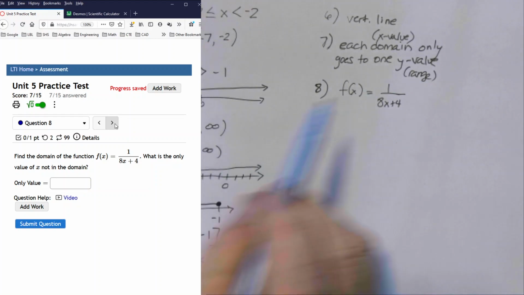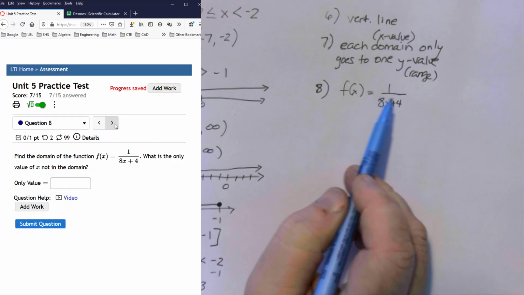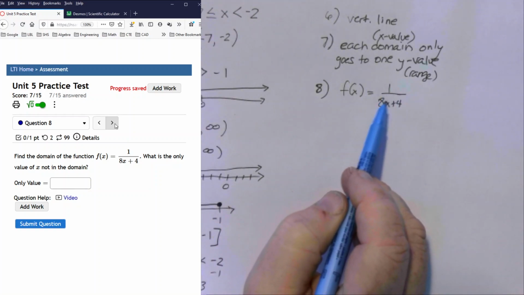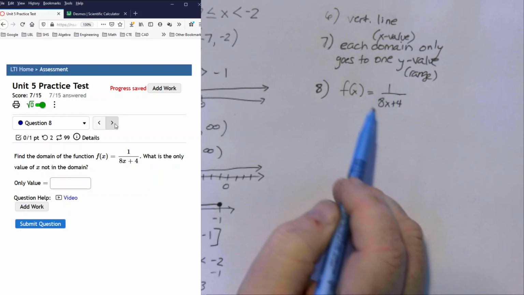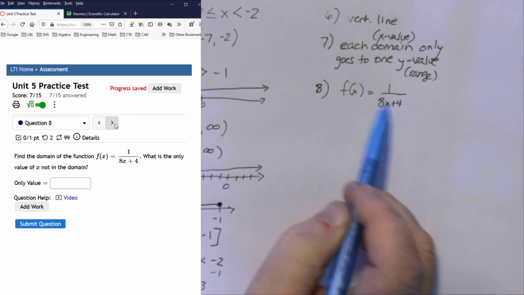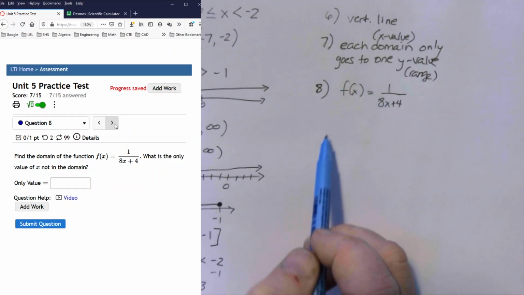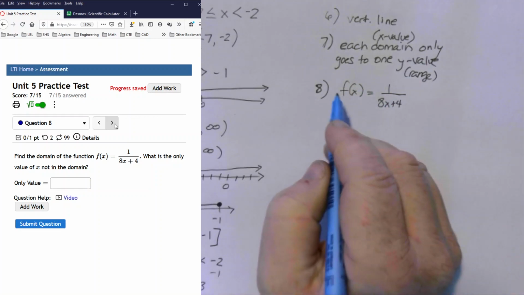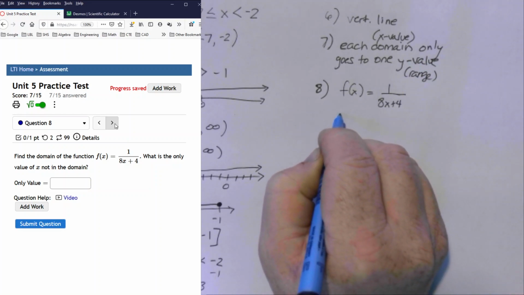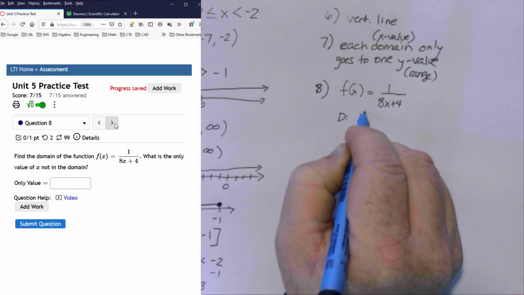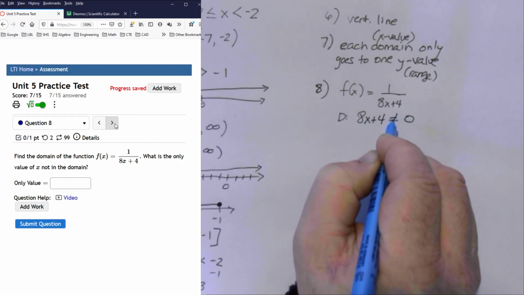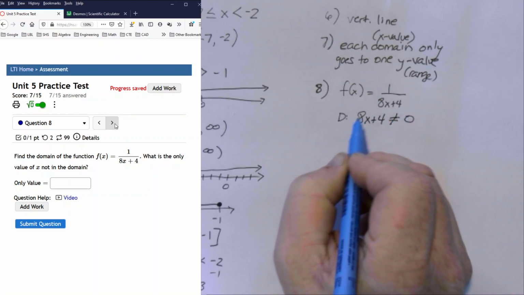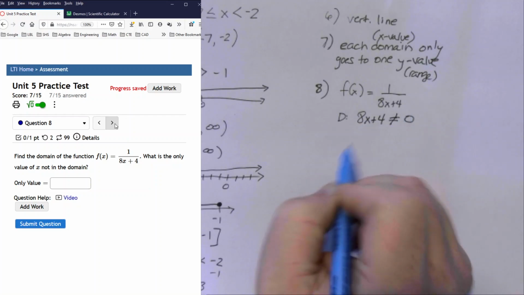And so in this one, where we have this function that has an x in the denominator, if that denominator was ever equal to 0, then my function would be undefined. So for the domain, 8x plus 4 cannot be equal to 0. So whatever x value would make this 0, x can't be that.